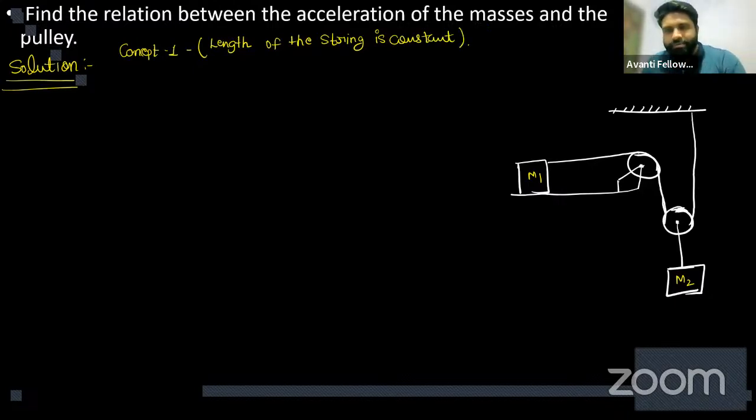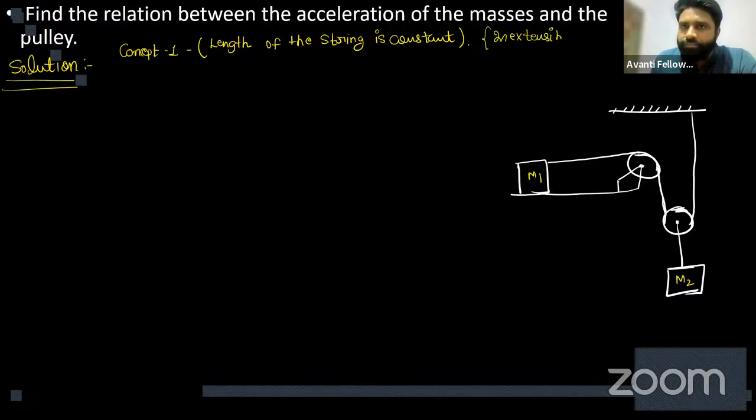Whatever method you have learned, there are some shortcuts to solve these questions. Now, I am solving this question from the basic fundamentals. You all know that the string that we are using here is inextensible.